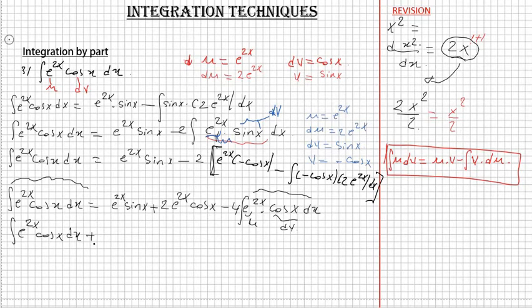So I have plus 4 integral of e to the power of 2x cos x dx. And then on the right hand side, I only have this part here: e to the power of 2x sine x plus 2 e to the power of 2x cos x.